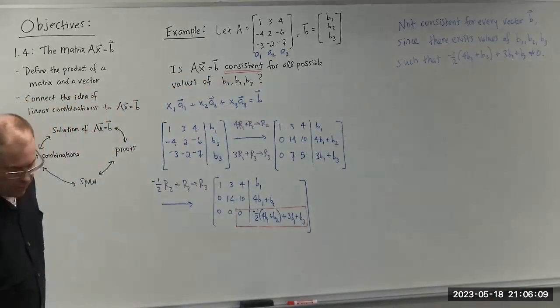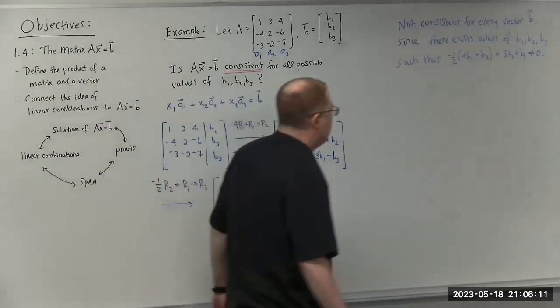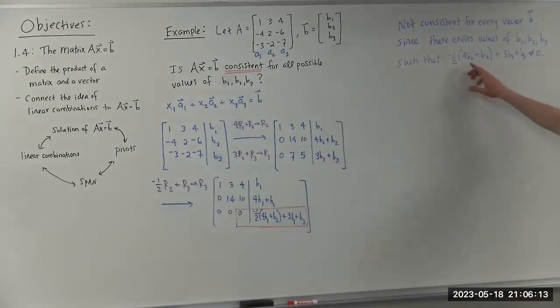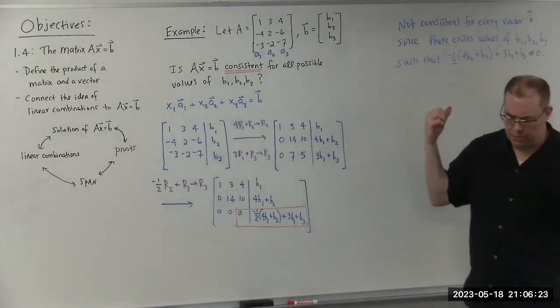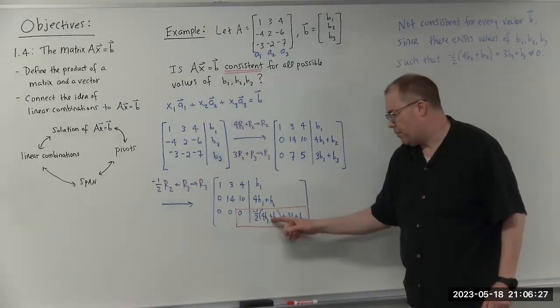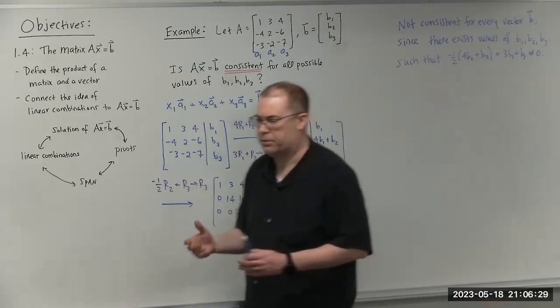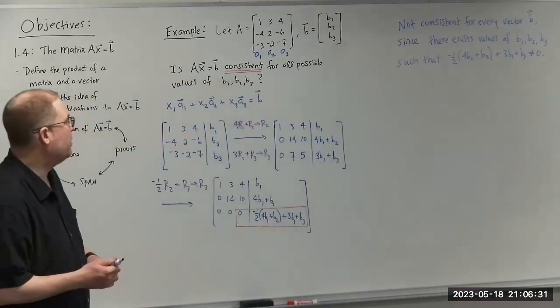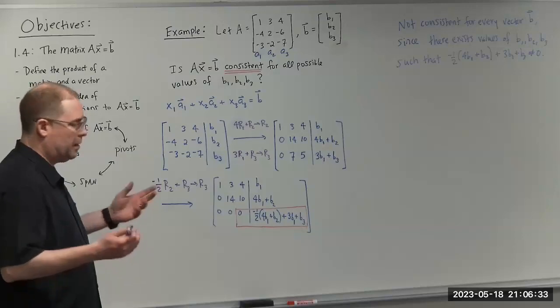It's relatively easy to see that there are values that will not give us 0 here. Let's say for example we get the number 4, so you get 0, 0, 0, and then 4 here. Well, obviously there are no values of x1, x2, and x3 that make that happen.